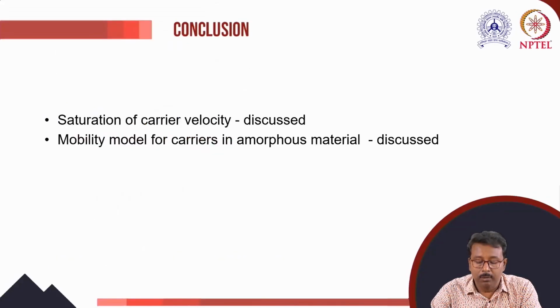So these are the models we have discussed for amorphous material, and it is always seen that mobility in amorphous material is much less than mobility in a bulk semiconductor. Several disorders are present, as we have discussed, and we have also discussed the hopping of carriers through trapped states, multiple hopping plus percolation.